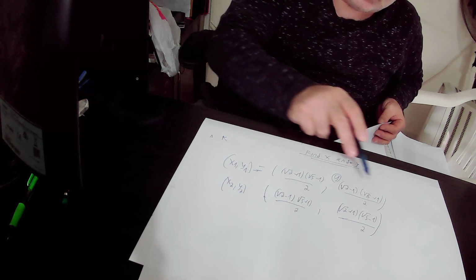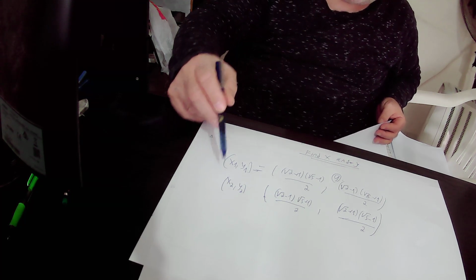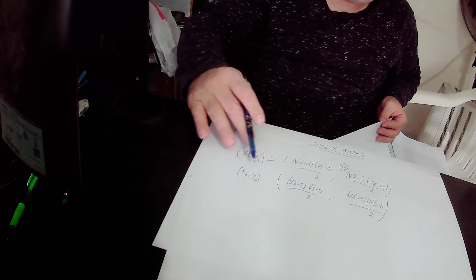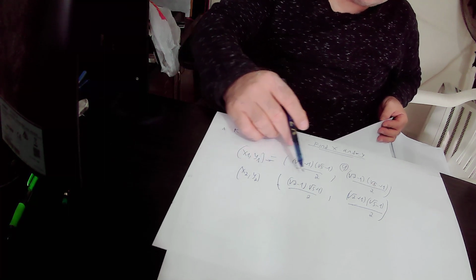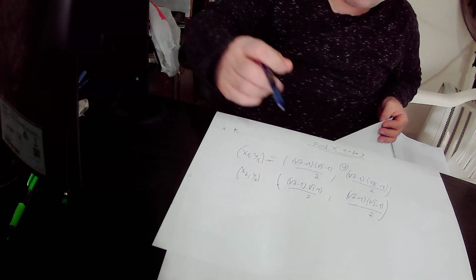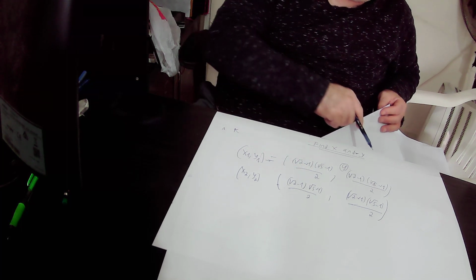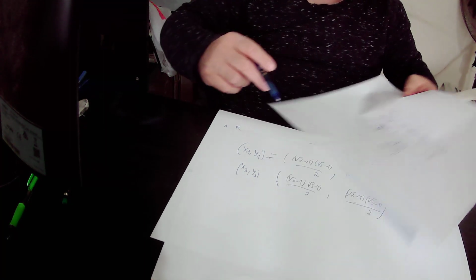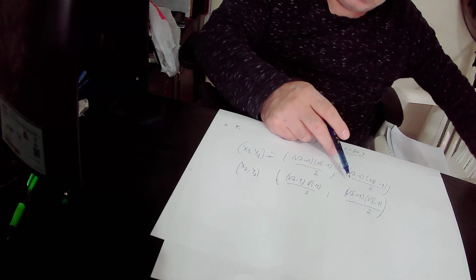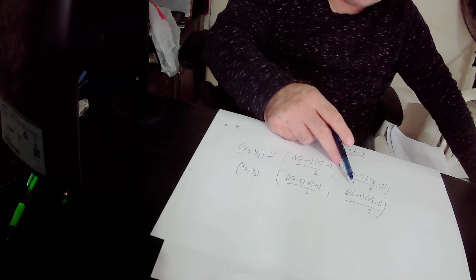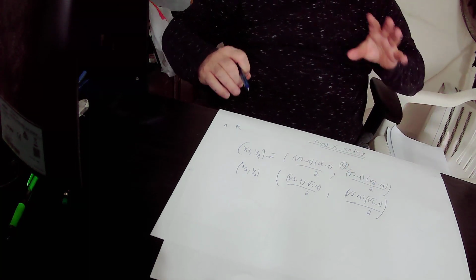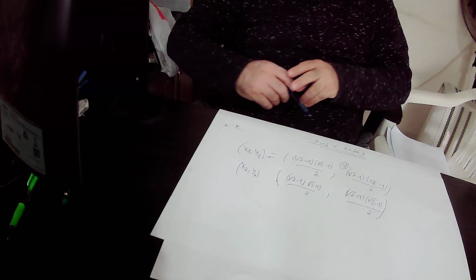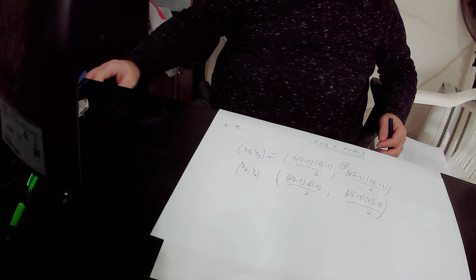So this is the first solution. The second solution is x2 and y2. x2 equals square root of 2 minus 1 times square root of 5 plus 1 over 2, and y2 equals x1, which is square root of 2 plus 1 times square root of 5 minus 1 over 2. So those are the two solutions to the question. Okay, thank you very much.